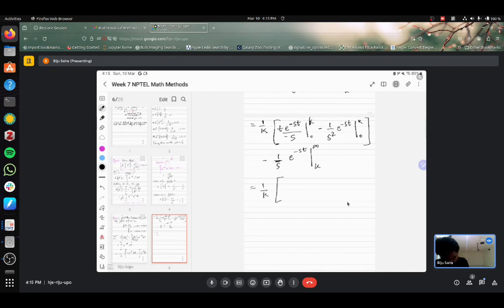From the first term it will be like k. This lower limit I did not put because at t equal to 0 it vanished, and this 2 came from here.